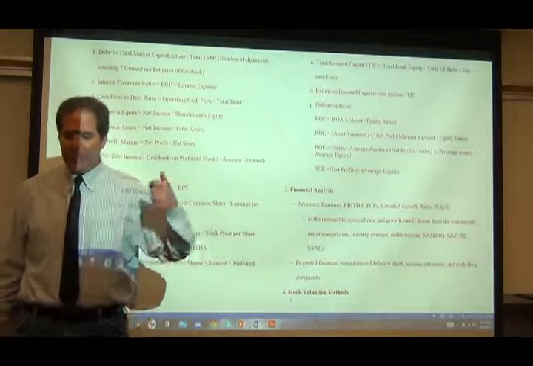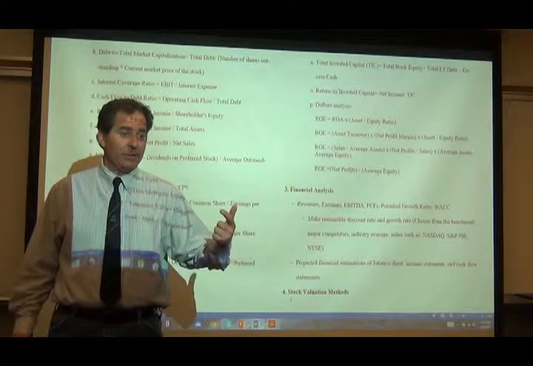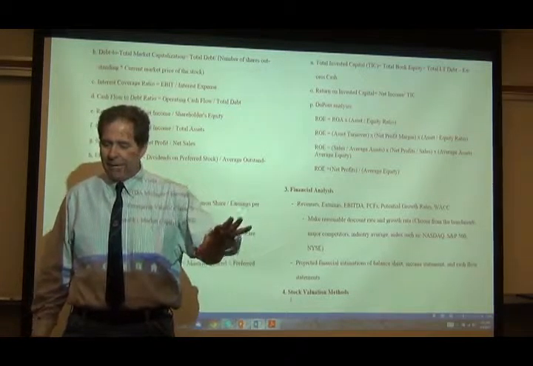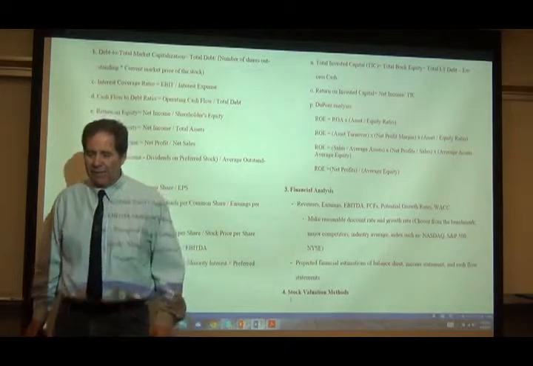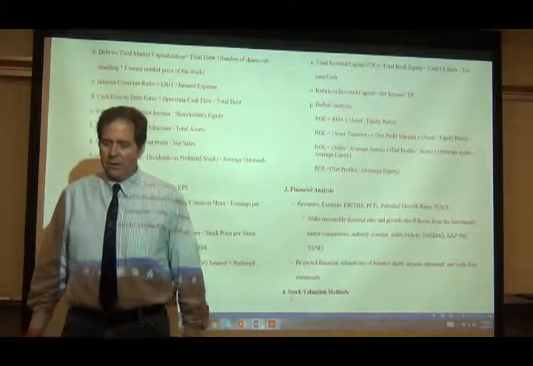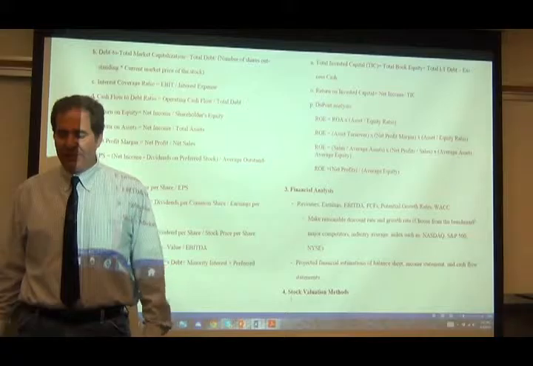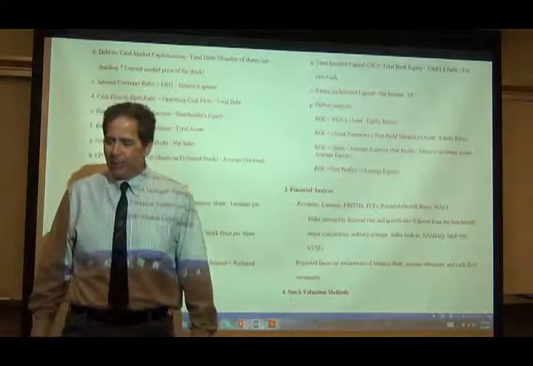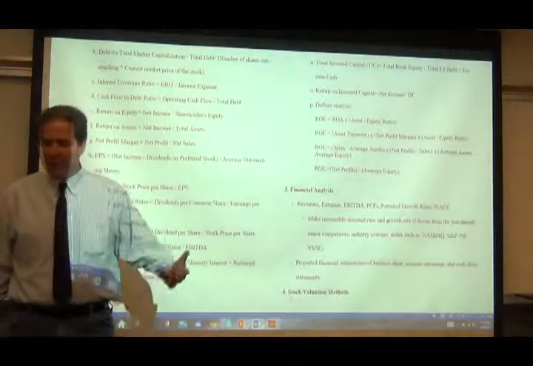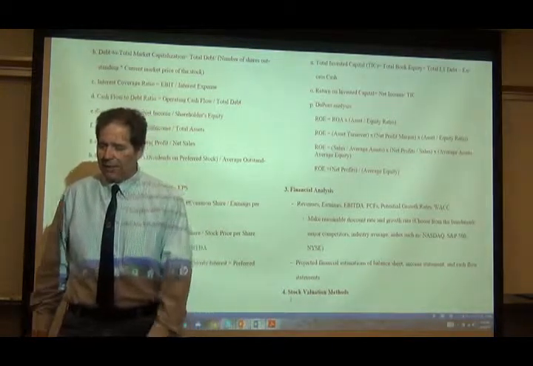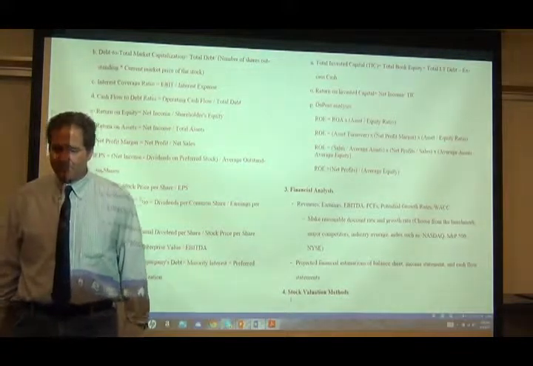Earnings per share, PE ratios are going to tell you growth rate prospects for the firm. Dividend payout ratios, dividend payout, dividend yield, EBITDA multiple, and enterprise value. Total invested capital, return on invested capital, the DuPont method obviously is extremely important.